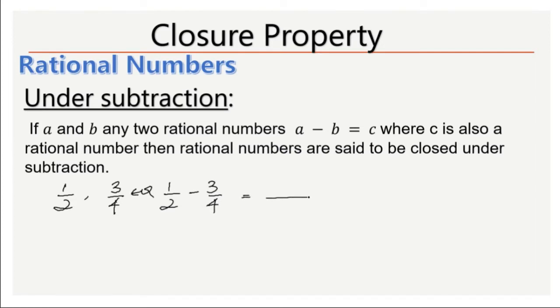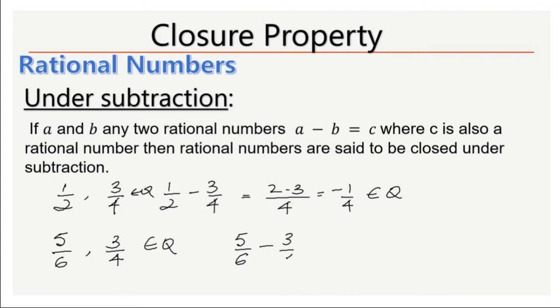Their difference is negative 1 by 4, and it belongs to the same set of rational numbers. If I consider 5 by 6 and 3 by 4 belonging to the same set of rational numbers, their difference is 5 by 6 minus 3 by 4.